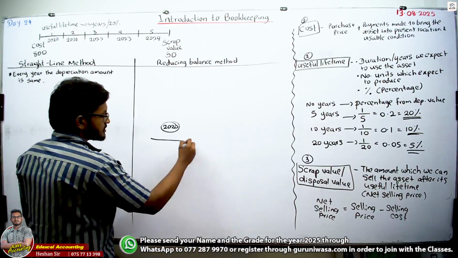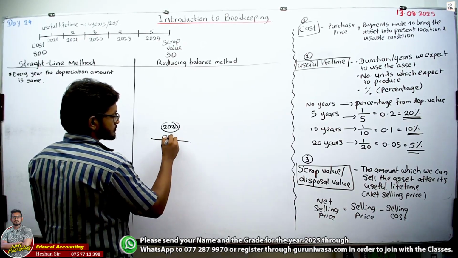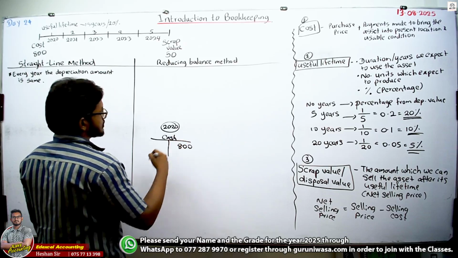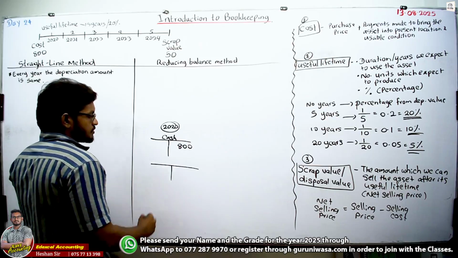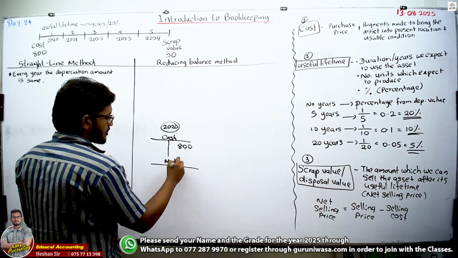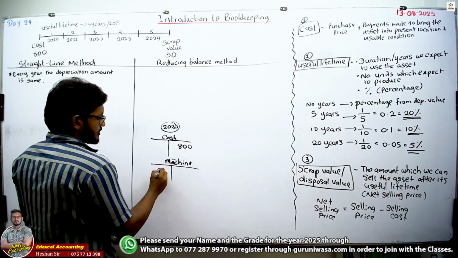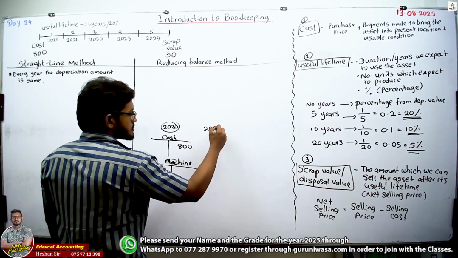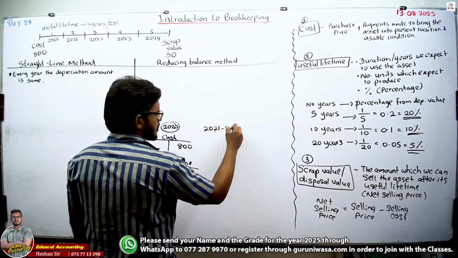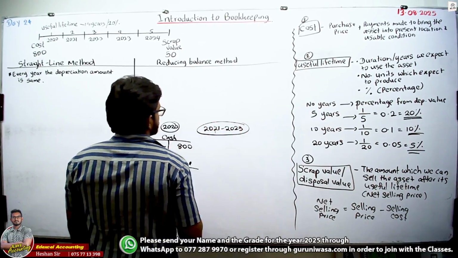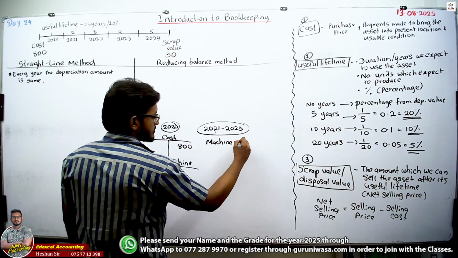When you are purchasing it, you credit the bank column of the cash book 800, right? So you purchase a machine, 800. Now 2020, also 21 to 2023, right? So there will be machine account balance as 800.